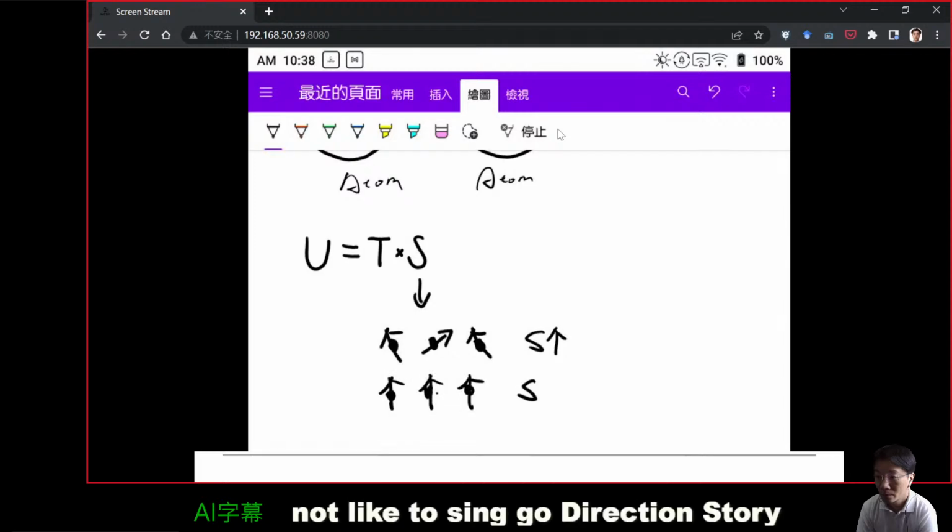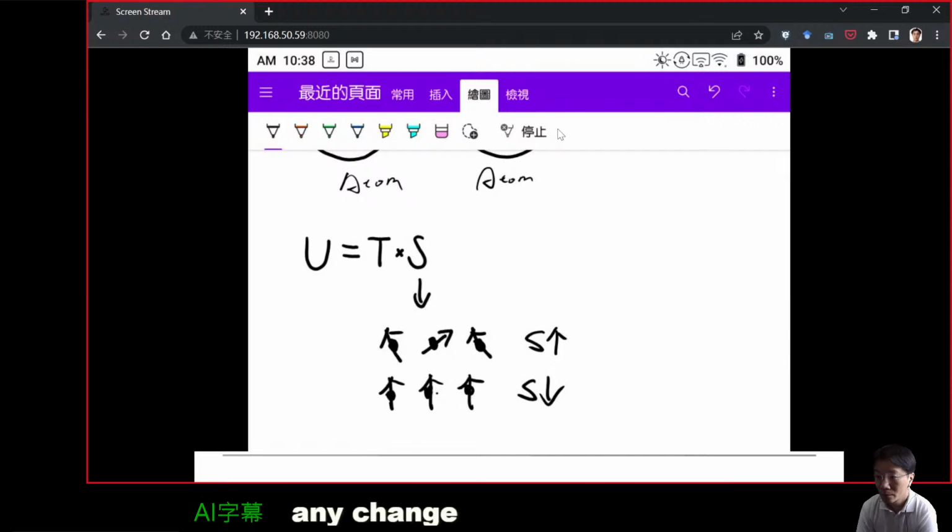So this entropy would be smaller. Adiabatic means that there is no change to its internal energy U. This is called internal energy.